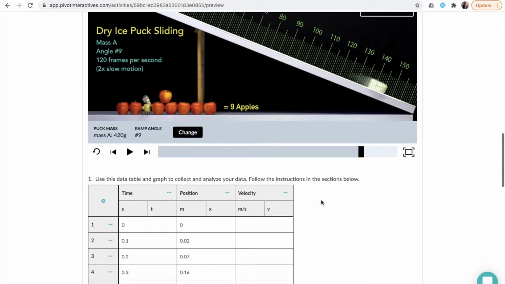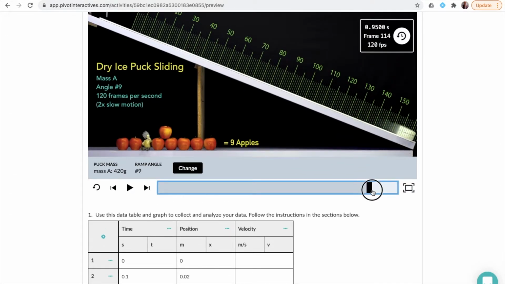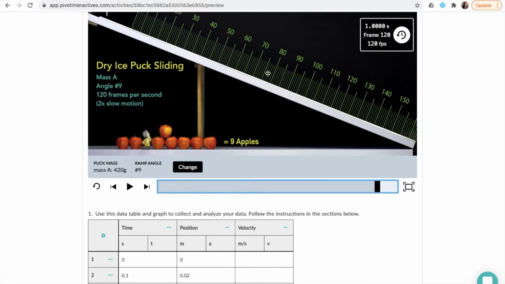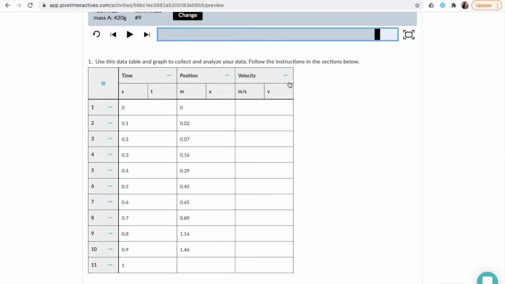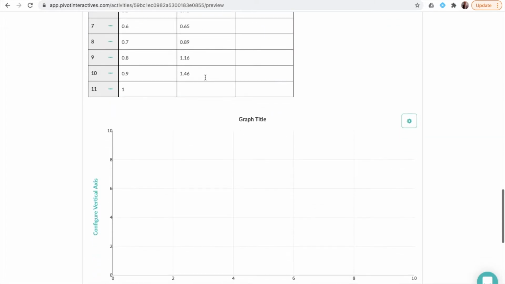And you'll notice that we don't have a 1 second data point because at 1 second I can't see where the puck is on this chart. So we have measured the angle, we've set up the ruler, we've done our position versus time. Let's find our velocities. In order to find our velocities, we're going to need to make the graph of time versus position.